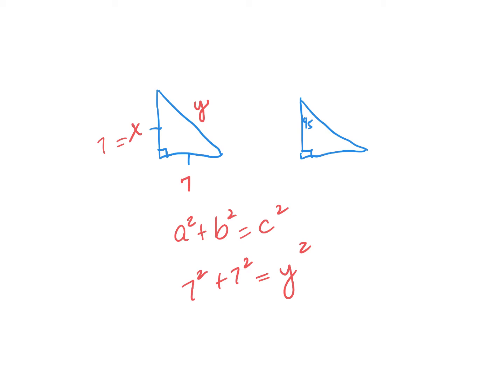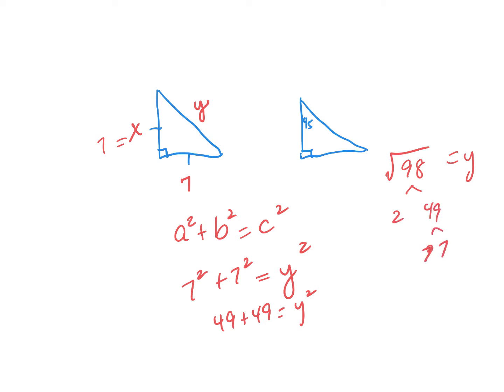So this is 49 plus 49 equals y squared, which is the square root of 98 equals y squared. I mean, the square root of 98 equals y, sorry. Because we have to square root it to get what y is, right? Well, now I'm going to take 98 and factor it. It's 2 and 49, and it's 7 and 7.